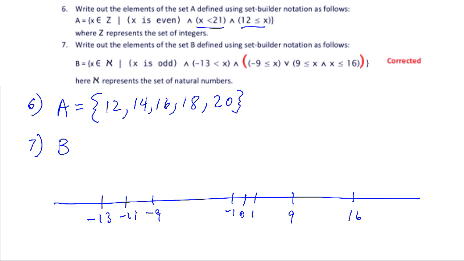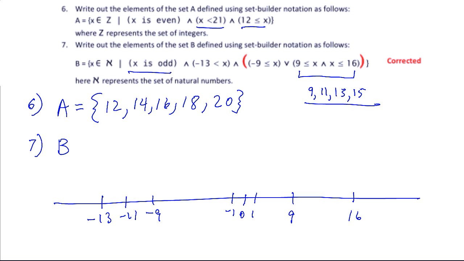Now I have this other condition here, where I have an or. Either x is greater than or equal to negative 9, or x is greater than 9 and x is less than or equal to 16. Okay, so this means 9, 11, 13, 15. And I already have that x is odd, so I'm not even going to draw the 16 there. So it's either this or x is greater than negative 9.